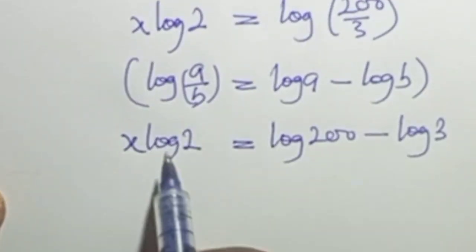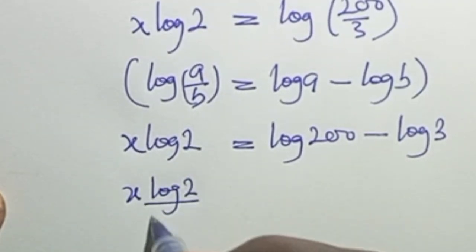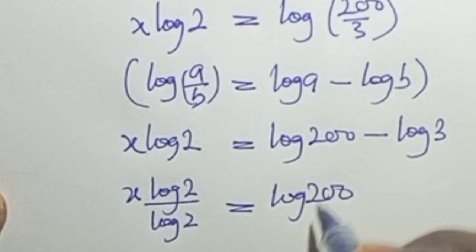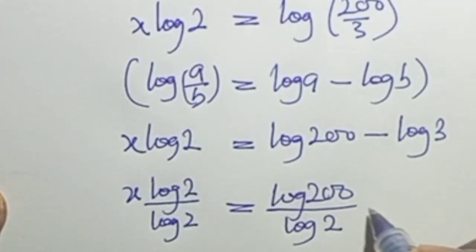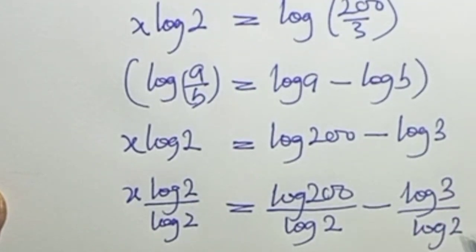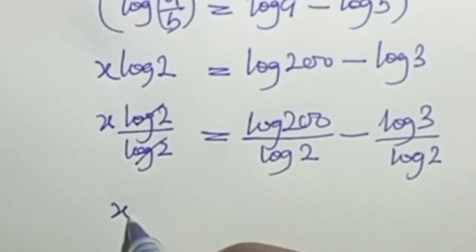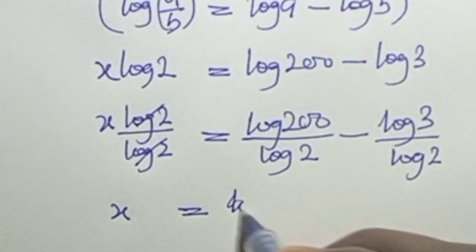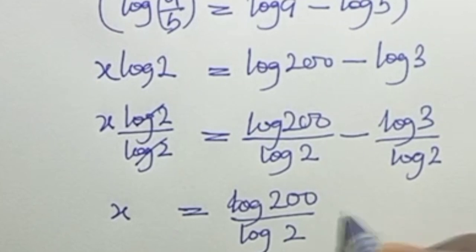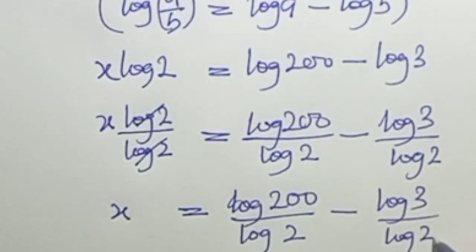So we divide both sides by log 2. We have x log 2 over log 2 is equal to log 200 over log 2 minus log 3 over log 2. Here, log 2 cancels out, left with x equals log 200 over log 2 minus log 3 over log 2.